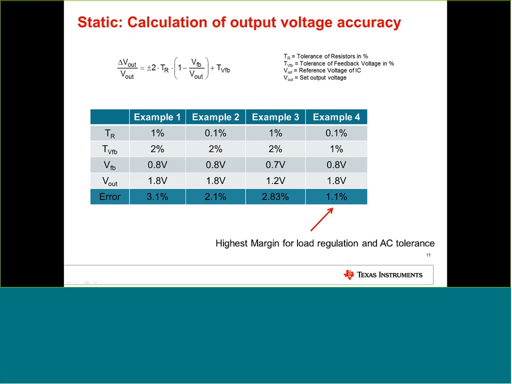Okay, here I will show some examples. Again, same equation. For example, let's have a look at example 1. These are resistors with 1% tolerance. We have a DC-DC feedback voltage tolerance of 2%, a feedback voltage of 0.8 volts, and an output voltage of 1 volt.